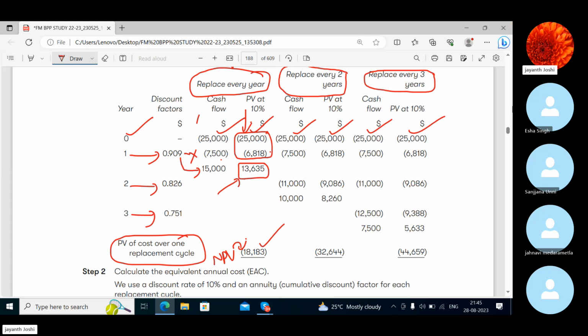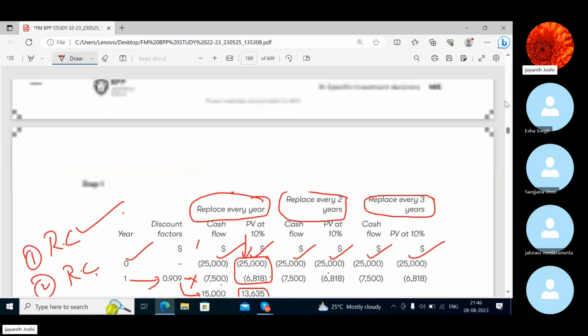You're going to consider the first year cash flows as well, because the running cost for the first year has already been incurred, and the running cost for the second year is also incurred, right? And also, now you are selling it in the second year, so your resale value is 10,000, right? Now you can see the question.